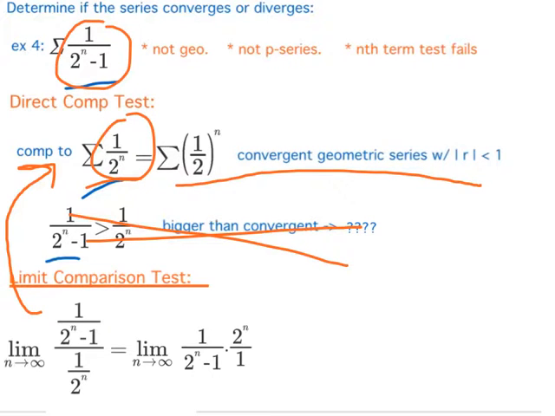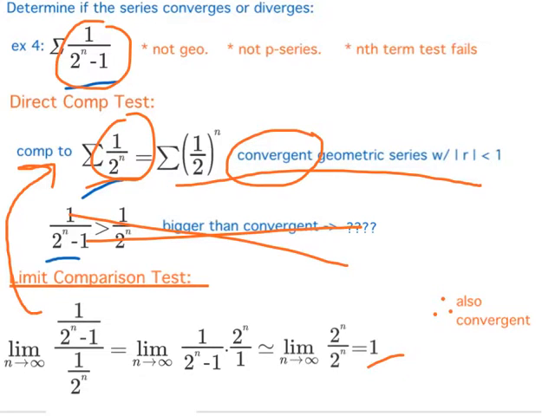And then instead of using L'Hopital's rule, because I am going to get infinity over infinity, I will do an n behavior model, which will give me a similar limit of 2 to the n over 2 to the n, which is 1. I am getting a positive real finite number here, which means that both series do the same thing. Because this one is convergent, this one is also going to be convergent.